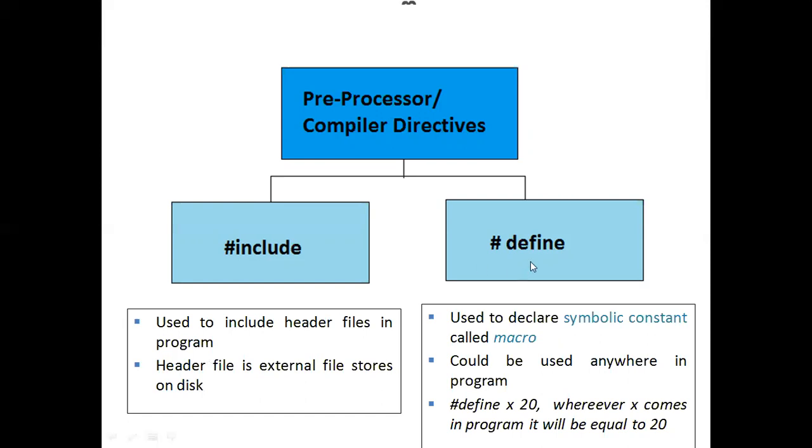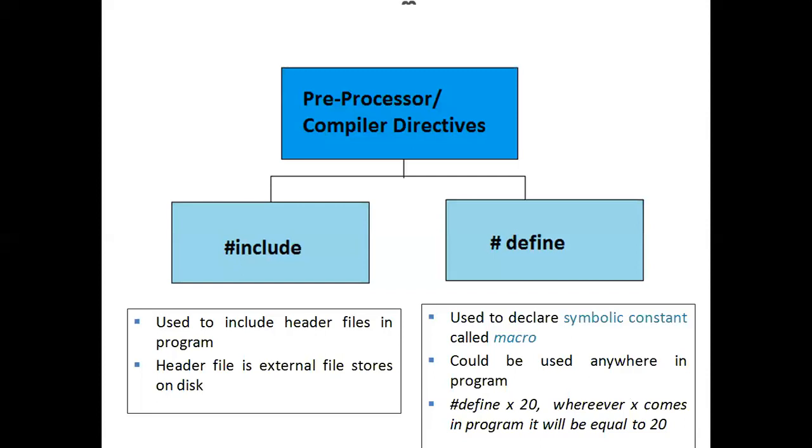The second is hash define. Hash define is used to declare a symbolic constant, and these symbolic constants are also called macros. The thing about hash define is that it can be used anywhere in the program. It is not necessary to write it before the main function.